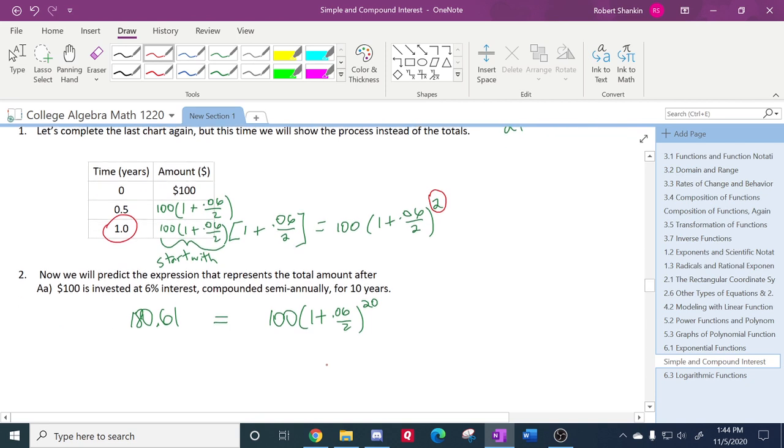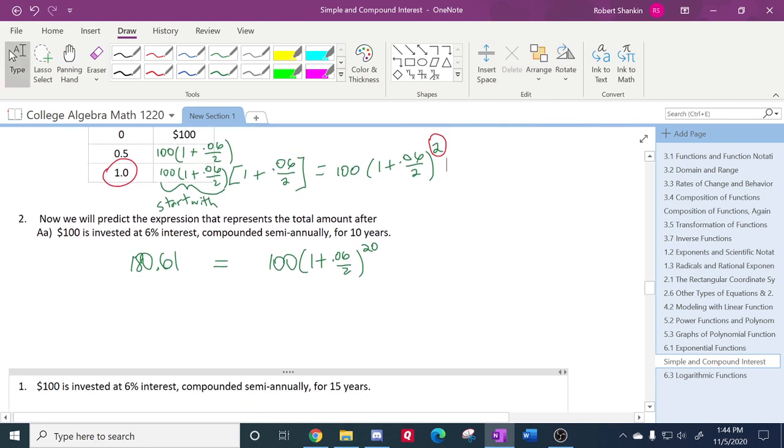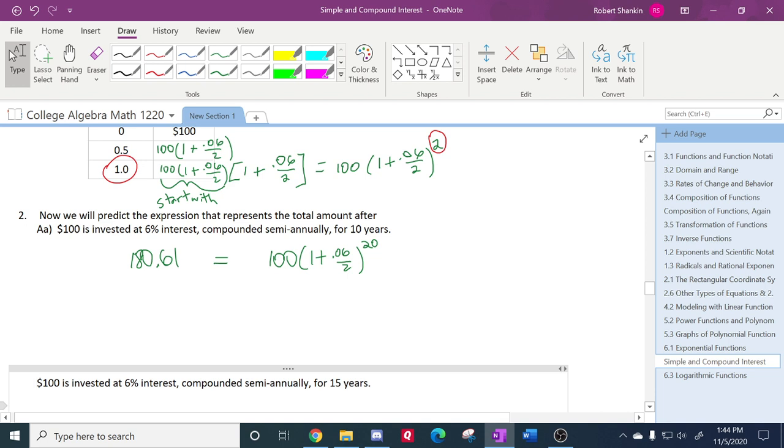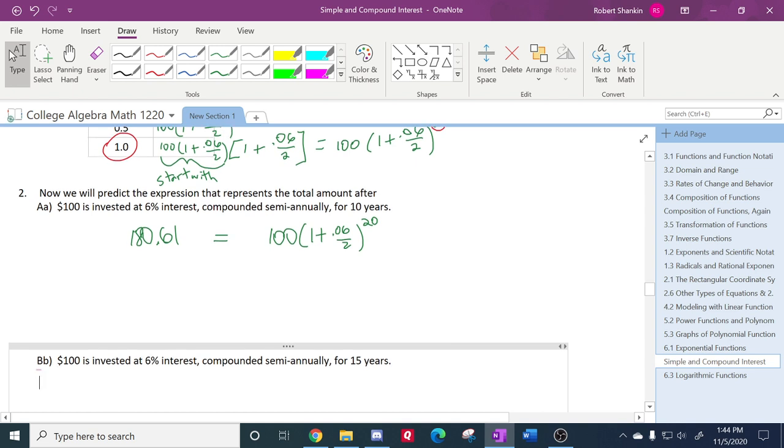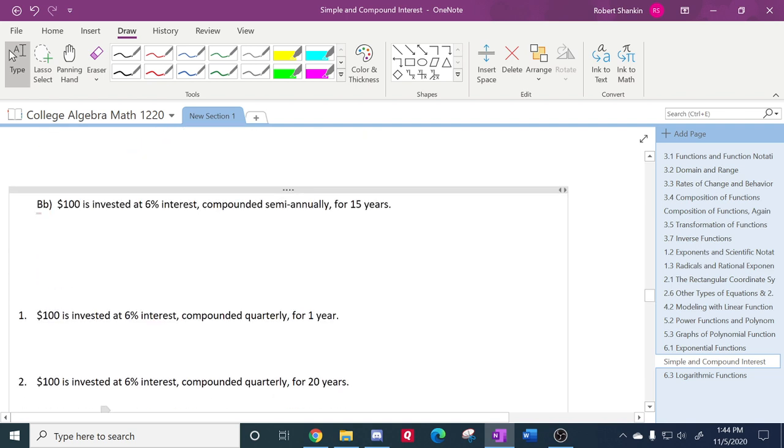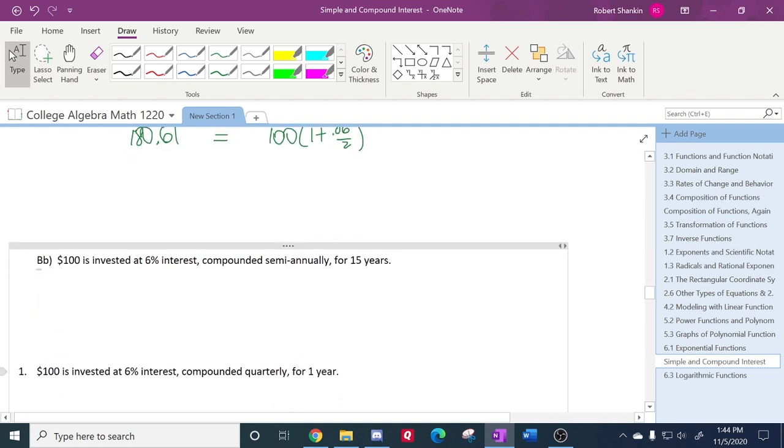All right, so let's do it again. Let's call this B. $100 is invested at 6% compounded semi-annually for 15 years. Guess at the expression that you're going to get there. And then when it's compounded quarterly for 1 year.